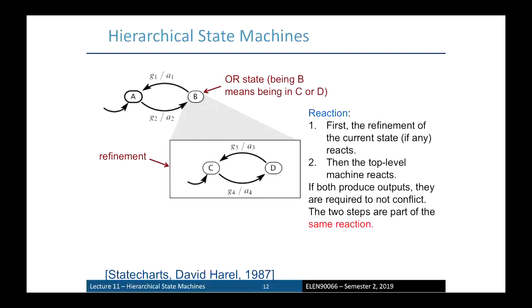But first, we need to describe how this works in a new framework called a hierarchical state machine. It's fairly simple, but we can start getting bogged down in detail again about which one is going to react in the composition. So this is a very simple 2-state state machine where state B is actually a refinement of 2 other states.